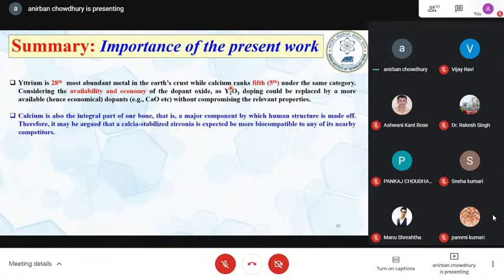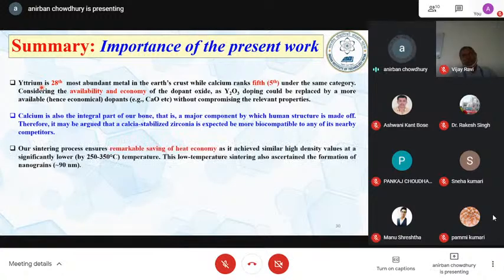Second, the calcium is also an integral part of our bone. So when you dope calcium, we take antacids. Antacids have calcium oxide. We all know all these. In other words, when you dope calcium in zirconia, that is supposed to be more biocompatible, isn't it? Compared to a rare earth element like yttria, right?